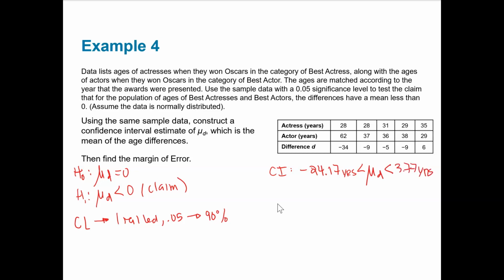So when we look at confidence intervals, we're basically saying, does it include 0 or not include 0? And it does include 0 because we go from negative to positive. So it does include 0, which means that the differences could be 0. So it does not support the claim. The claim says that it's less than 0, and it includes 0, so there is no significant difference in ages.